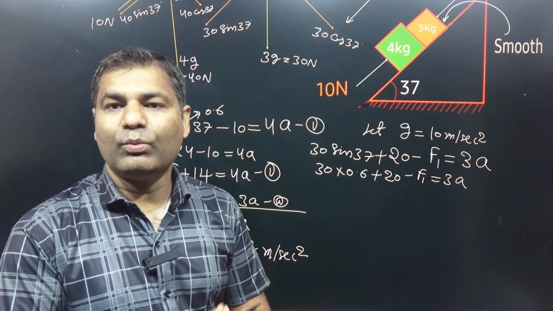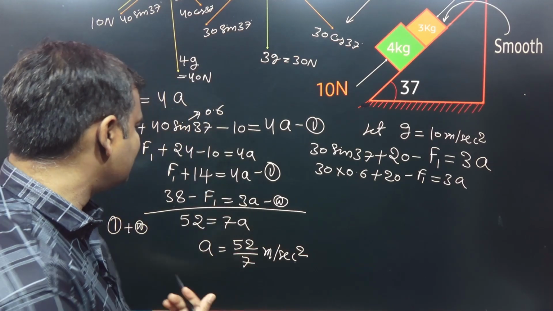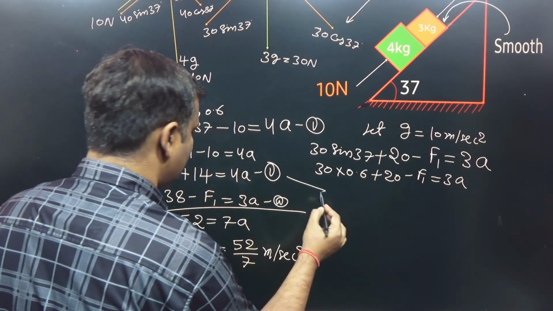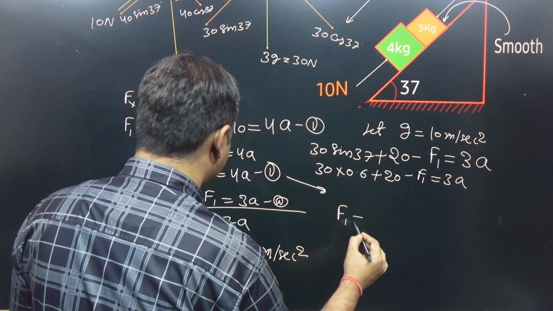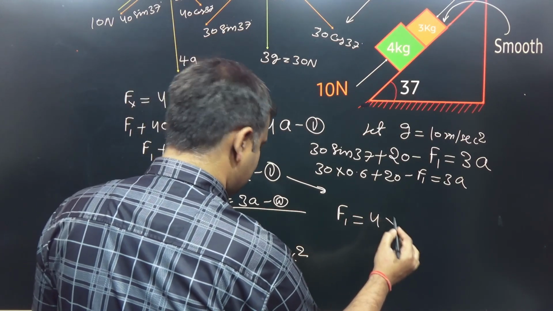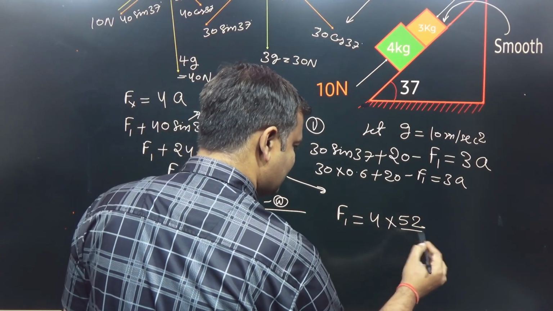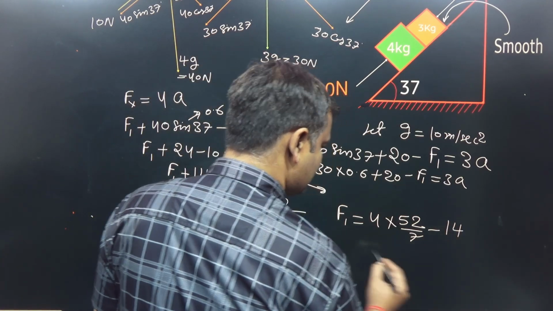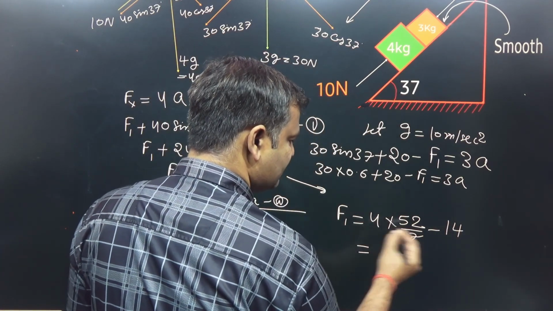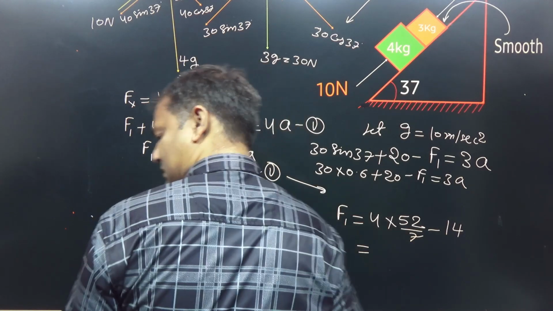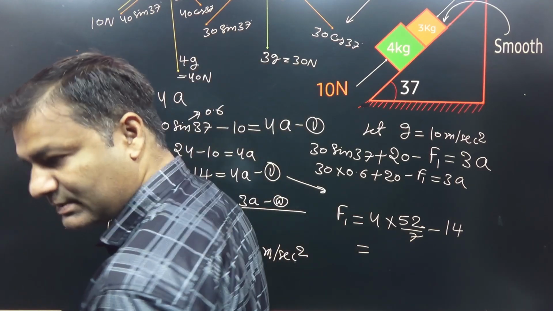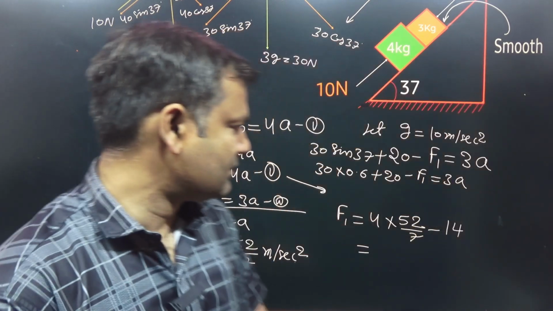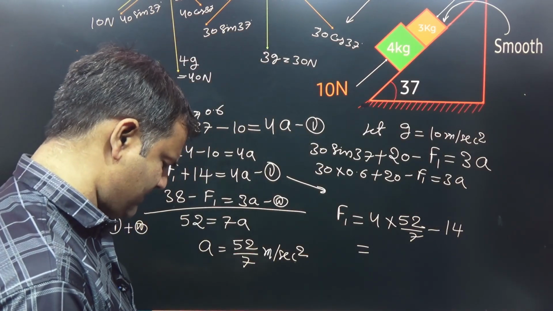But our target is F1. So how can we determine F1? We put that value in equation number 1 or 2. So F1 is 4A, where A is 52 divided by 7, minus 14. With the help of a calculator you can solve it.